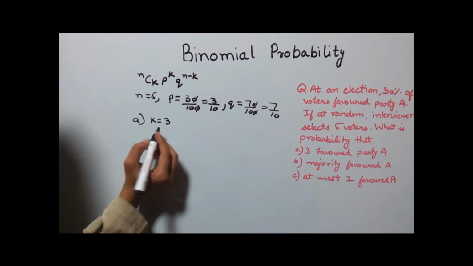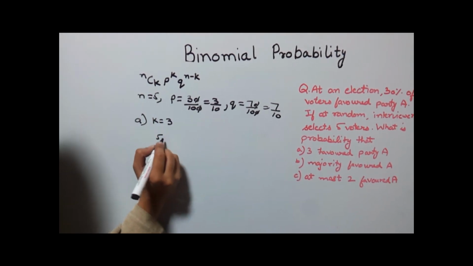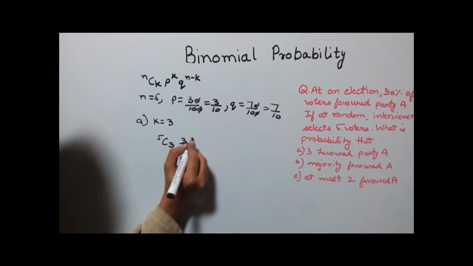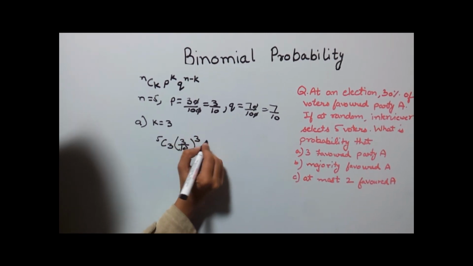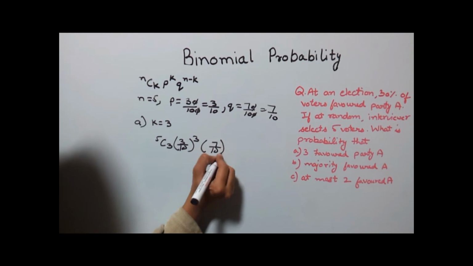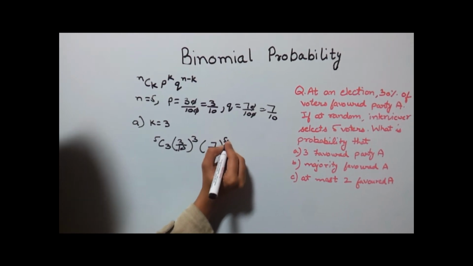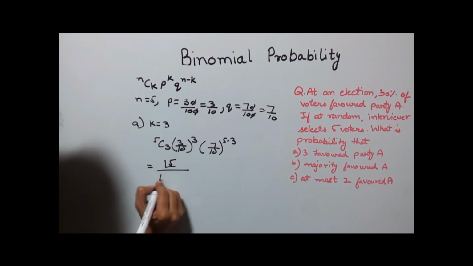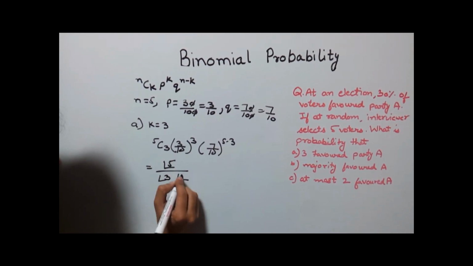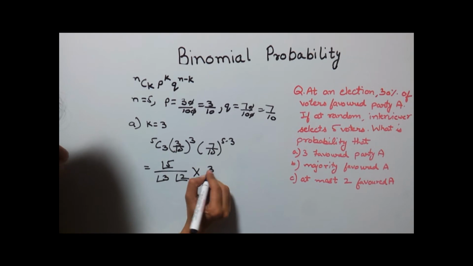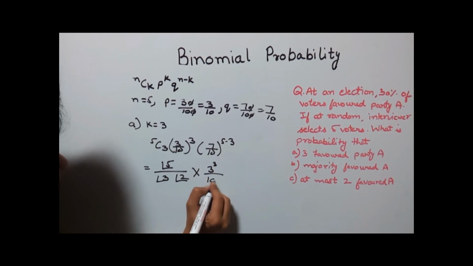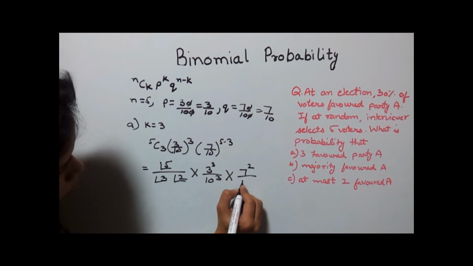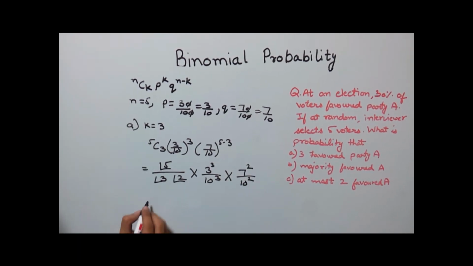Putting all these values in our formula gives us 5C3 into (3 by 10) to the power 3 into (7 by 10) to the power 5 minus 3, which gives us factorial 5 divided by factorial 3 into factorial 2 into 3 cube divided by 10 cube into 7 square divided by square of 10.